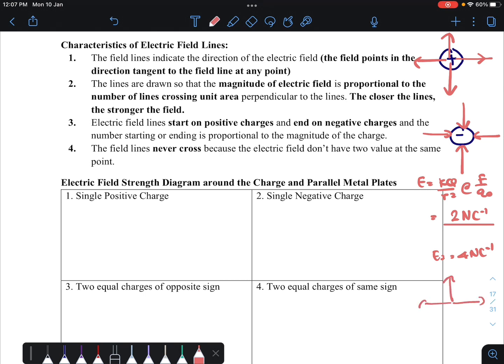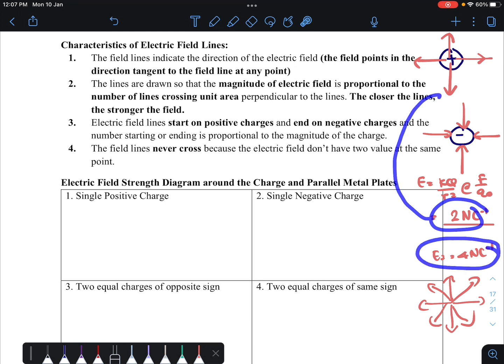So sekarang kita punya positive charge ini akan ada 8 garisan. Kalau tadi 4 untuk 2 Newton per coulomb, kita akan ada 8 garisan untuk 4 per coulomb. Itu maksud magnitude dia proportional to the number of line dekat sini. Okay, so maksudnya kalau lagi besar nilai, lagi banyak number of line dia akan ada. If you have lesser value, you're going to have less number of lines.